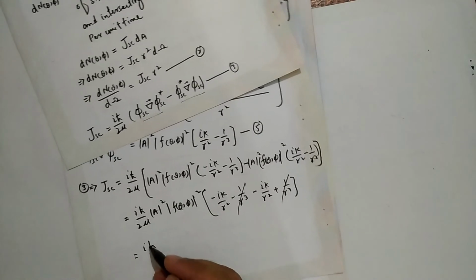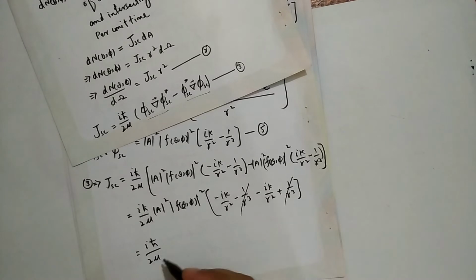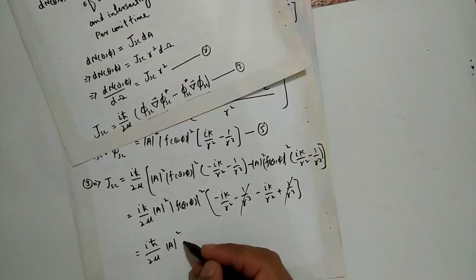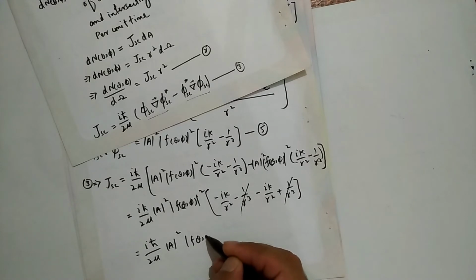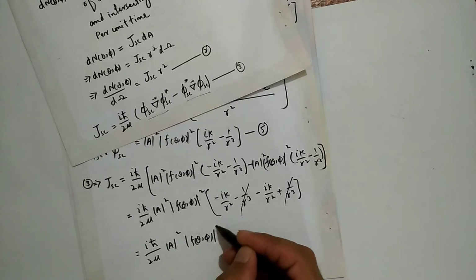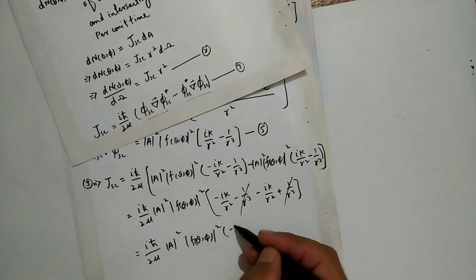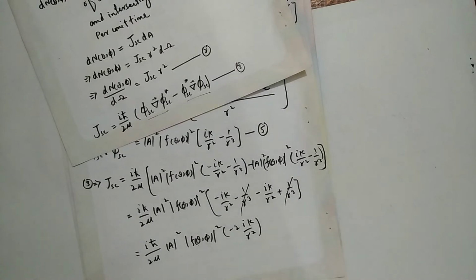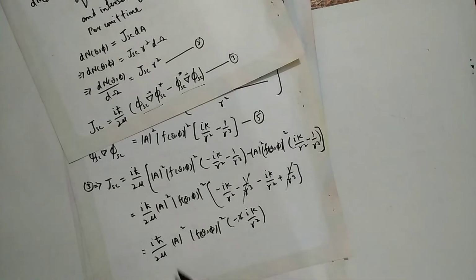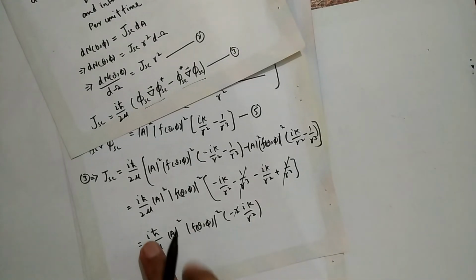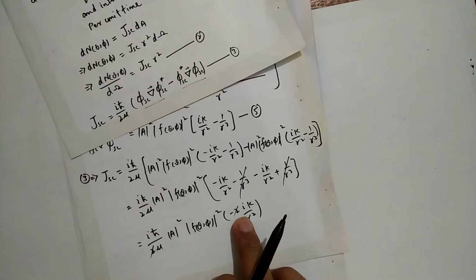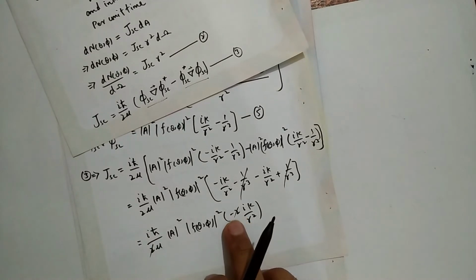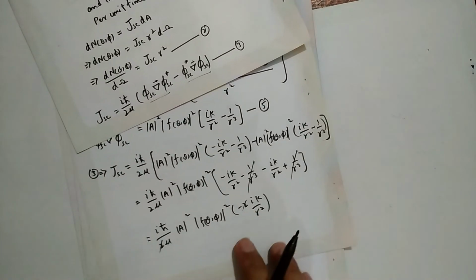i h cut divided by 2 mu, A mod square f of theta phi mod square into minus 2 ik over r square. Here these two is cancelled with this two, and i into i is minus 1 times this negative, so it will become positive.